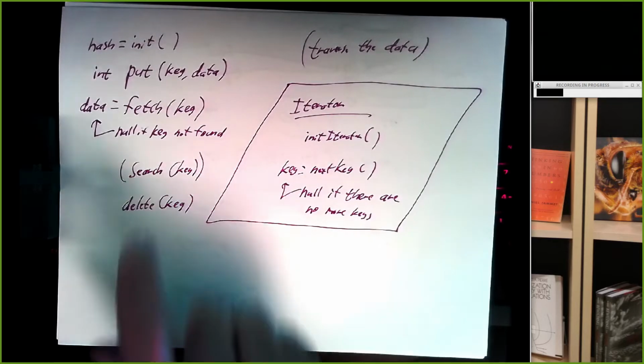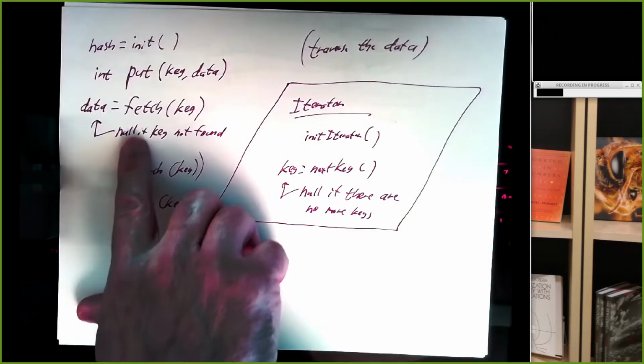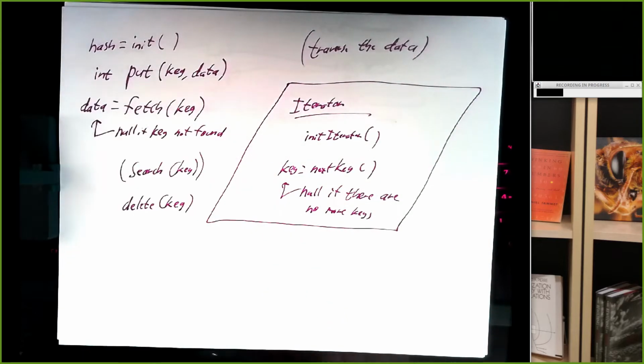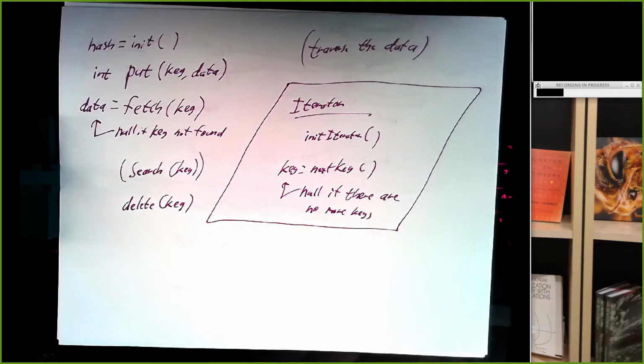Regardless of the implementation, we have this function for storing, we have this function for retrieving, and so on. So the abstract data type view is talking about the aspects of a data type that are independent of how it's implemented.